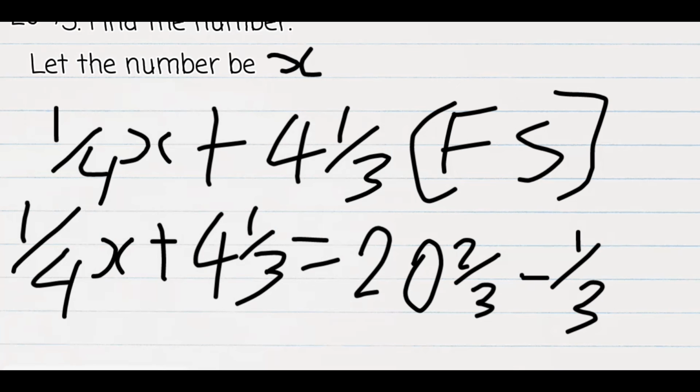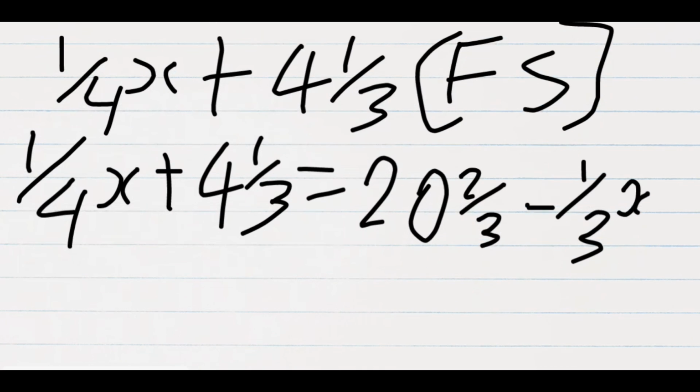When they said it, they are referring to the certain number, which is x. So we'll have minus 1 over 3x.